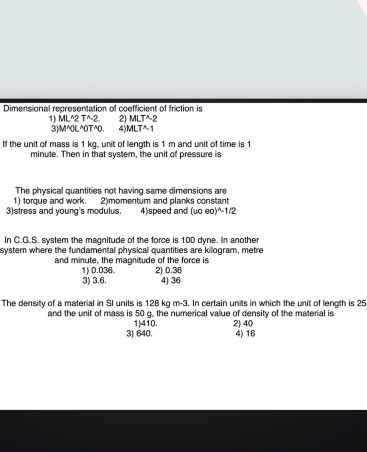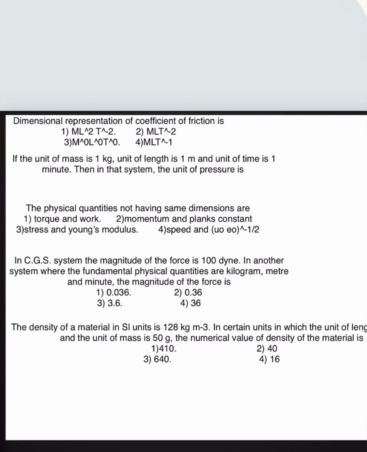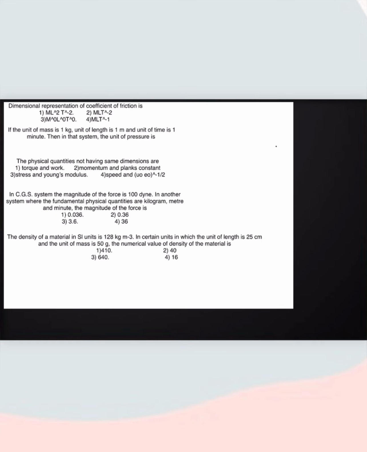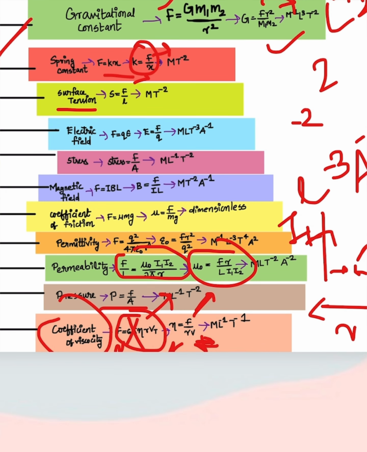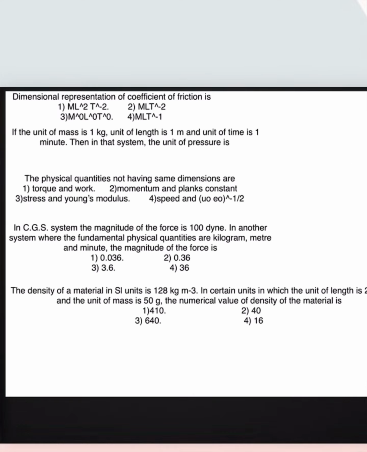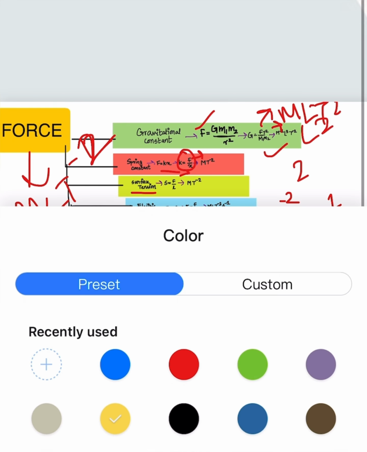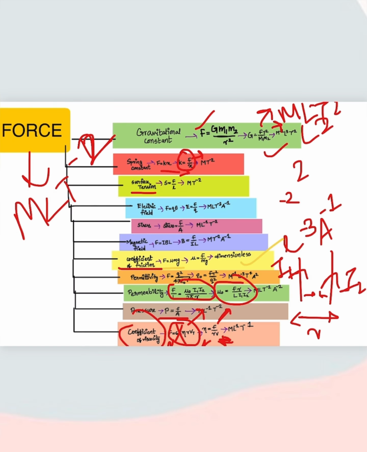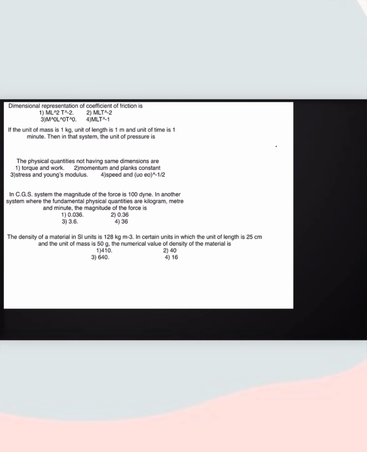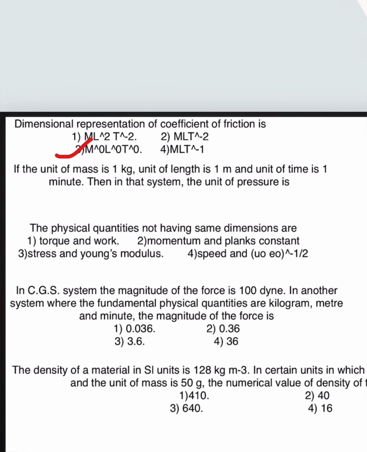Similarly, a related question: the coefficient of friction. Here F is equal to mu mg, so the coefficient of friction is dimensionless. If the unit of mass is 1 kilogram, unit of length is 1 meter, and unit of time is 1 minute, in that system, what is the unit of pressure?